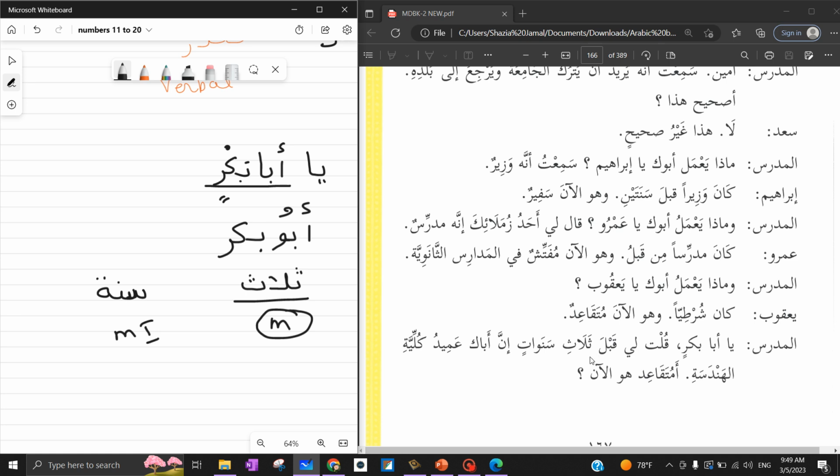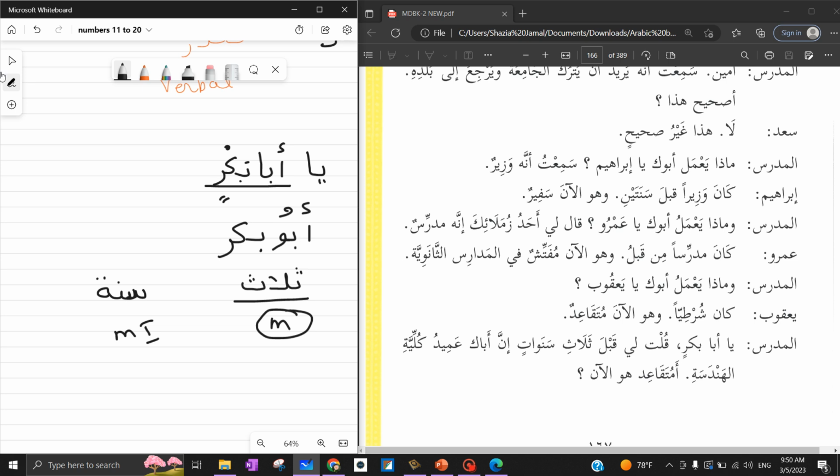As we know, qabla sanatain is in majroor, mudaf ilayhi construction. So here also, after the zarf, thalasi, the number name, is in the mudaf ilayhi position, majroor, and this sanawat is also in the mudaf ilayhi position.